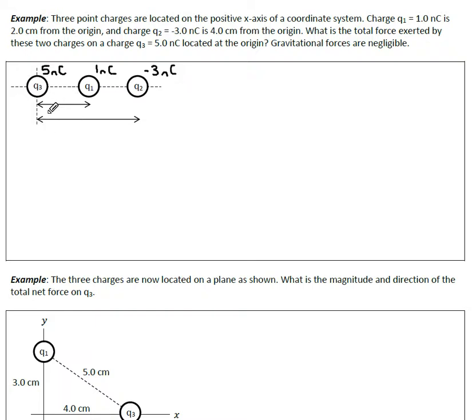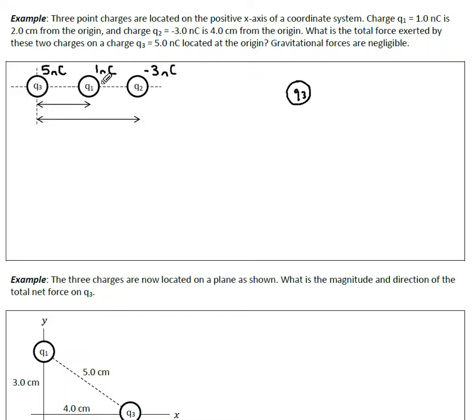First of all, we need to see what is going to happen to charge 3. So I'm going to just draw Q3 over here. Here's Q3. The interaction between Q1 and Q3 is going to result in a force. First, let's look at just Q1 and Q3, so we're just ignoring Q2 at the moment.